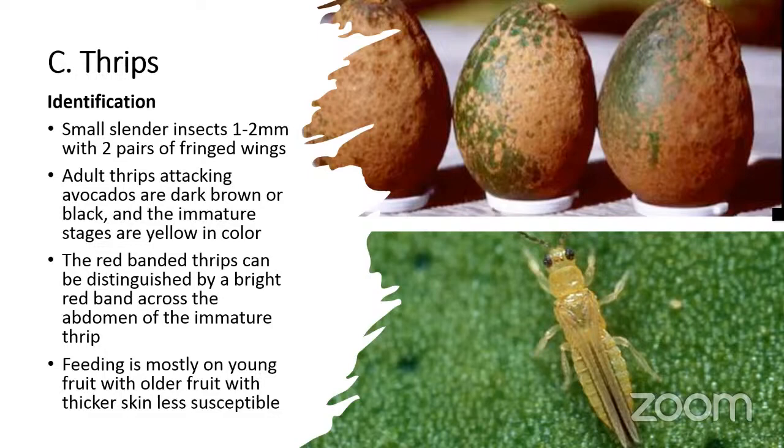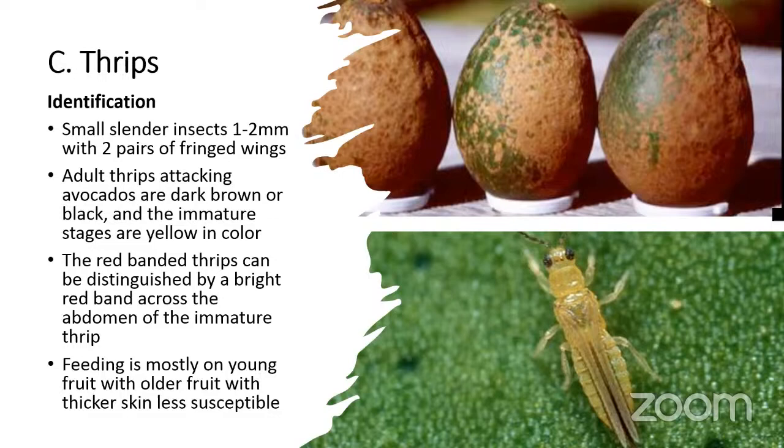And I'm sure you have seen some avocados on the tree which appear like that. And also in the markets, you have seen some of the fruits which appear with that brownish leathery patch. Adult thrips attacking avocados are dark brown or black, and the immature stage is yellow in color.